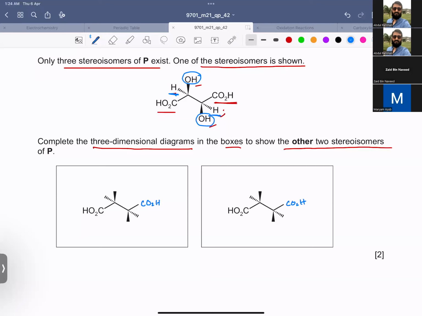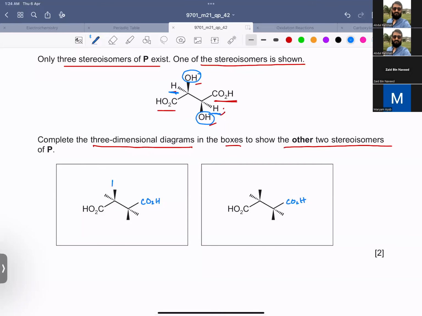So we just swap these two, which means I'll draw both the hydrogens above the plane now and both the hydroxyls below the plane now. So this is one of the stereoisomers, and in the other stereoisomer, I only swap the position of these two on one carbon.